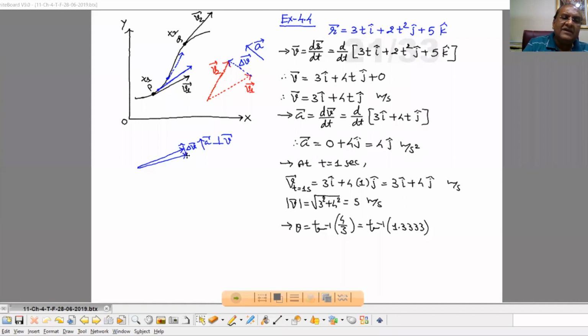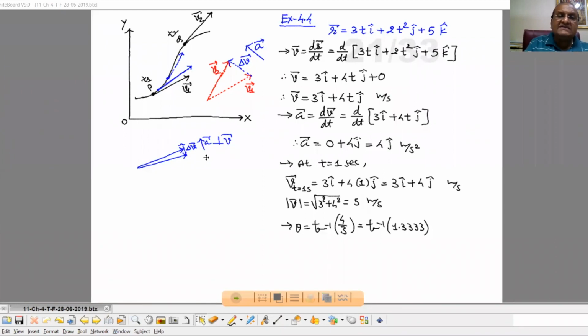Now if we prepare the vector joining these two like this, and we move this one in this way, the head of this vector will form an arc, a very small arc. If we join these two positions and prepare a vector like this, that will be tangential to that arc. So if delta v is tangential to this arc, then it is perpendicular to this radial vector.